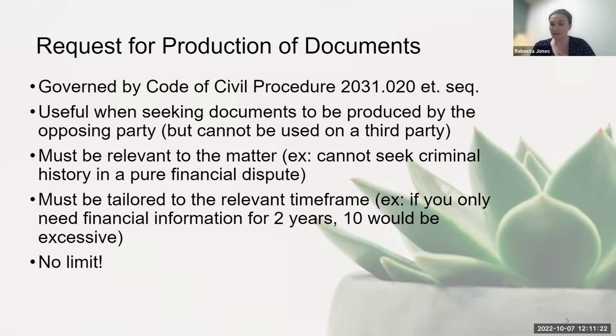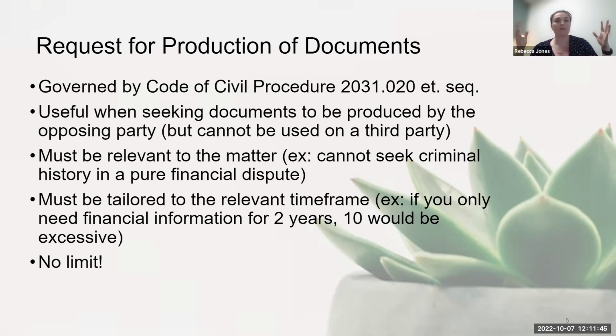There's no limit to the request for production of documents. There are limits on interrogatories and there are limits on requests for admissions. However, under the request for production of documents, you can have a 50 category request. I wouldn't recommend it. You're really going to make the other attorney mad, but you can do it if you so choose. And you also are not bound to any limit.